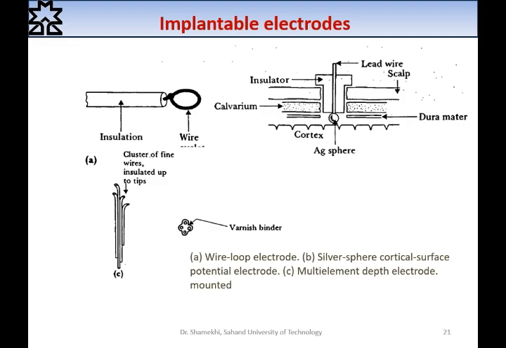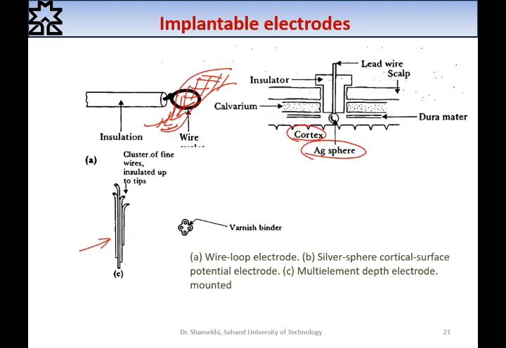For example, wire loop electrode, for example, nerve or recorded region will be placed inside this loop, or silver sphere, Ag sphere, can be used to record from the cortex, and also multi-element depth electrode.